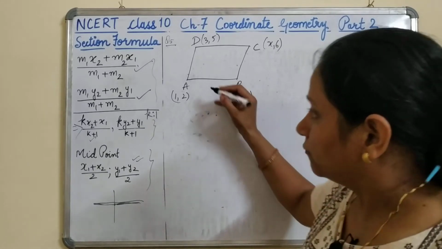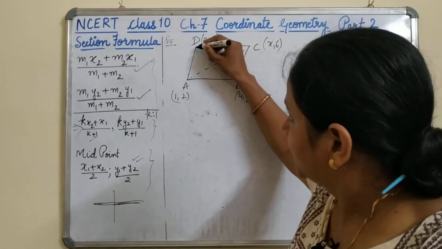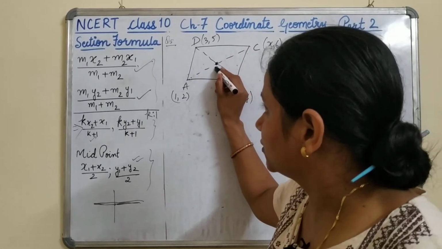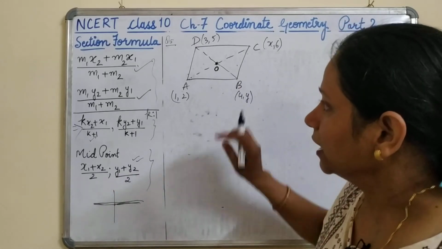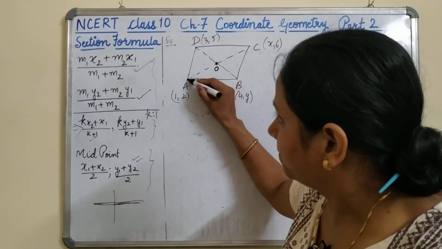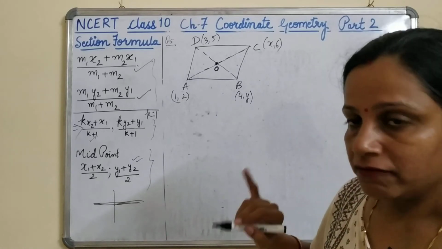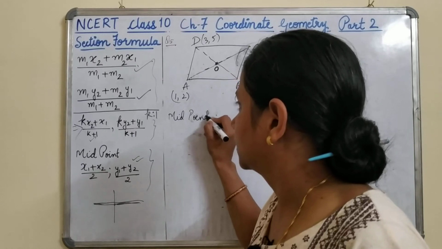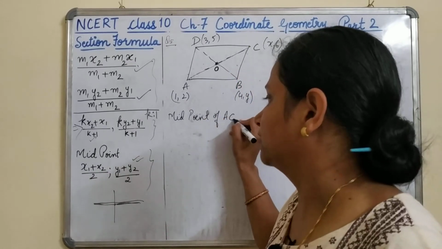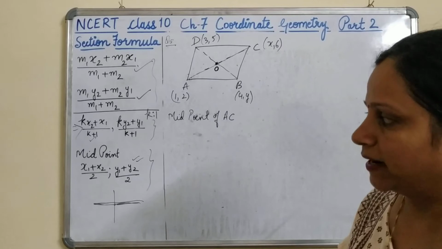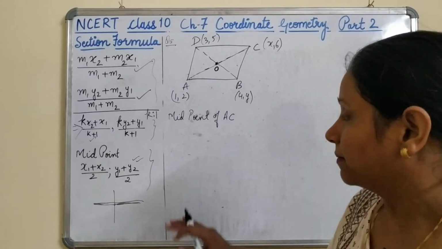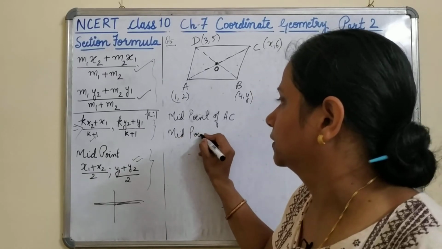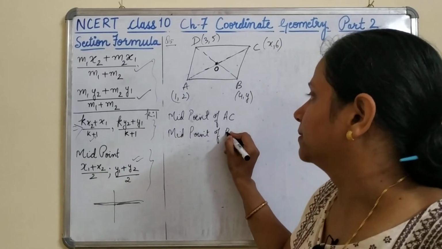How to do that? We know that in a parallelogram, diagonals bisect each other. Yes? That means, for example, this is point O. At this point, we can find the midpoint of AC. How can we find it? (x1 + x2) by 2 and (y1 + y2) by 2. Similarly, from here we can find the midpoint of BD.